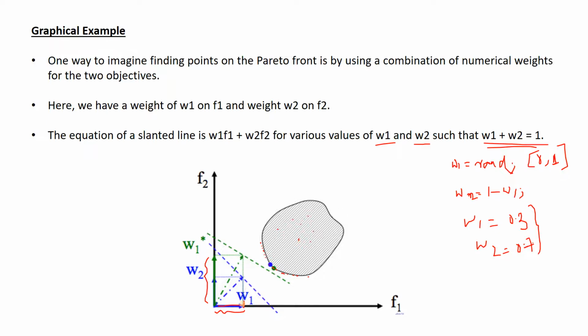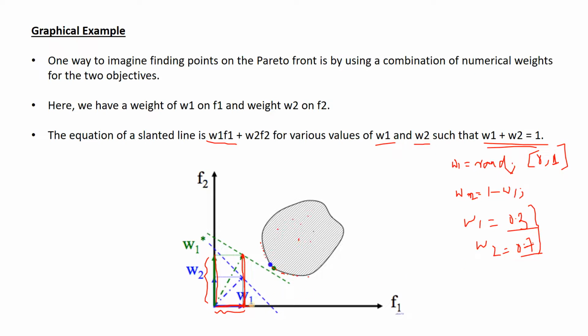When you have W1, you take this point and multiply with F1. Now you have W2, which is 1 minus W1. So they are related. So W1 into F1 plus W2 into F2, and you reach over here.